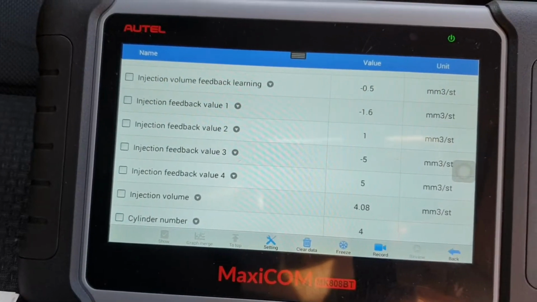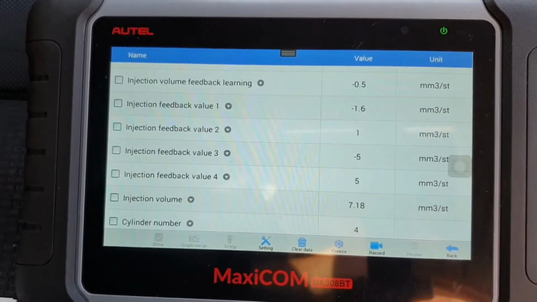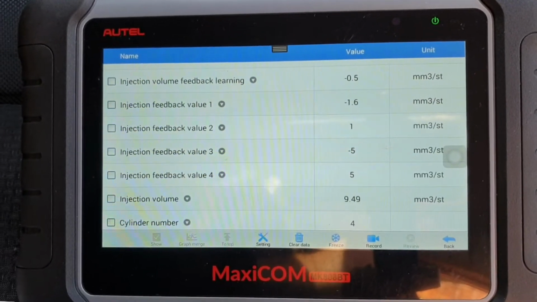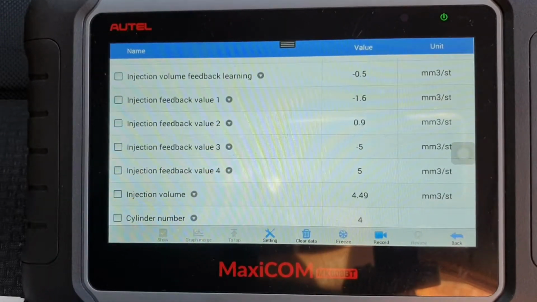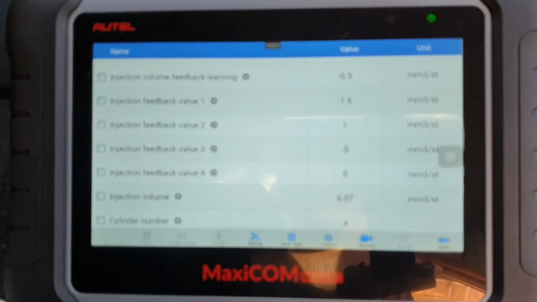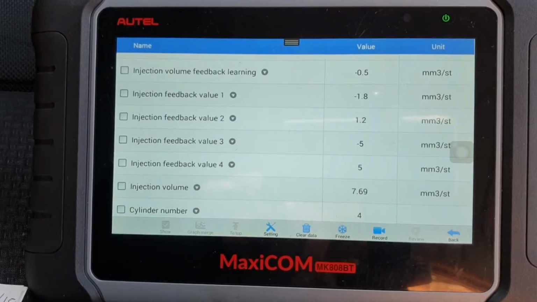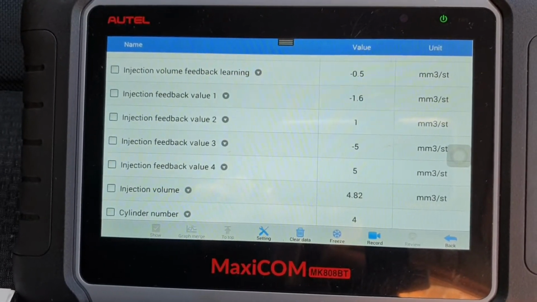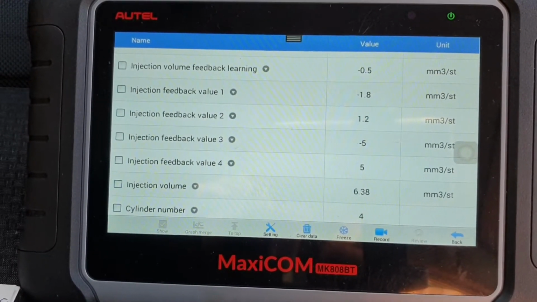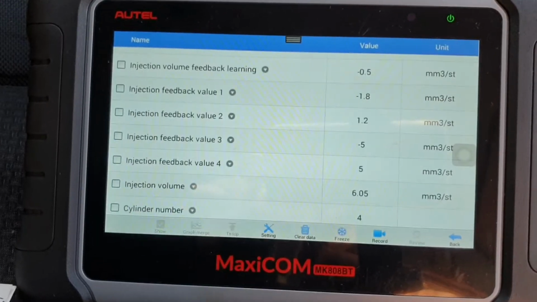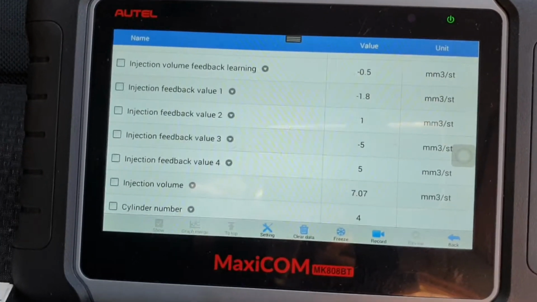So it's very dangerous. Either there could be an injector leaking. And also, as you can see, the injection feedback value of injector 3 is very bad.